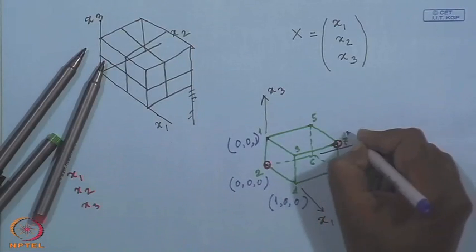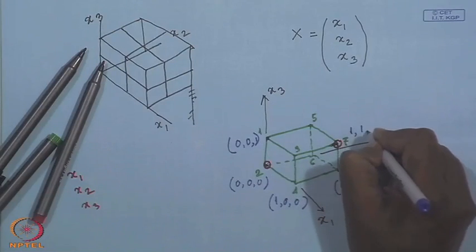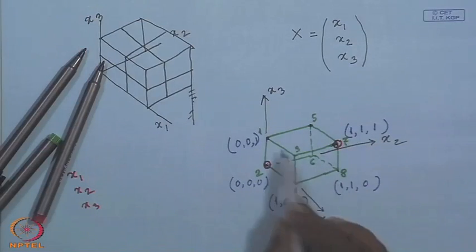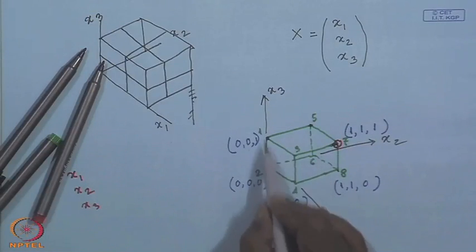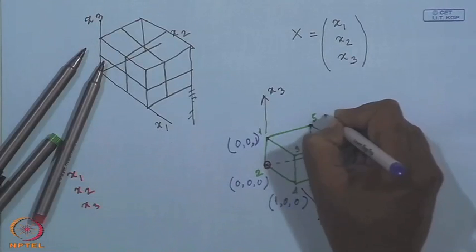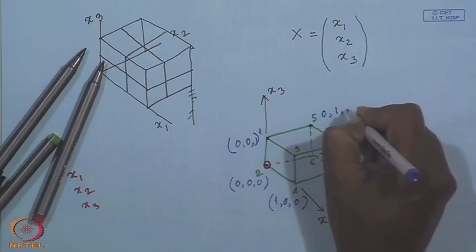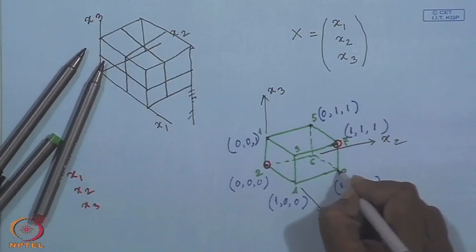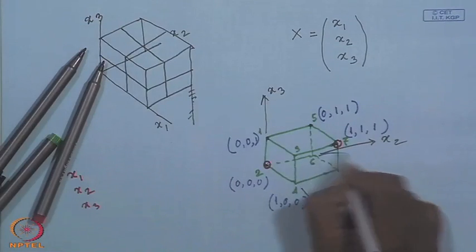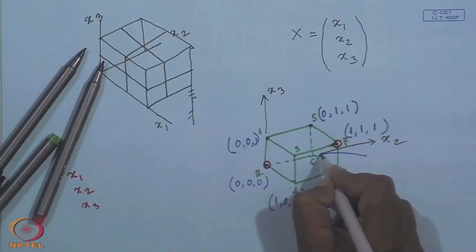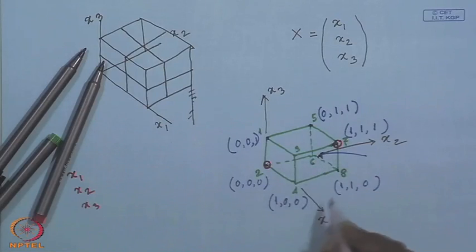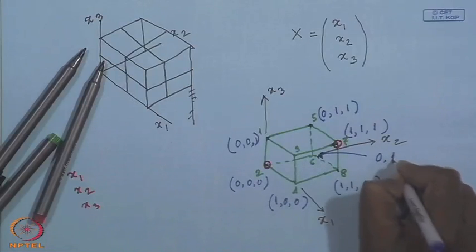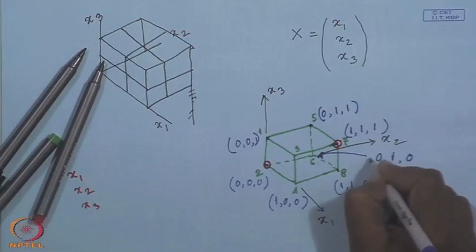For this vertex, all of them will be 1. For this vertex, I will have x 2 component 1, x 3 component 1, but x 1 component is 0. So, it is 0, 1, 1. For this one we have already done, and for this which is hidden, x 1 is 0, x 2 is 1 and x 3 is again 0.